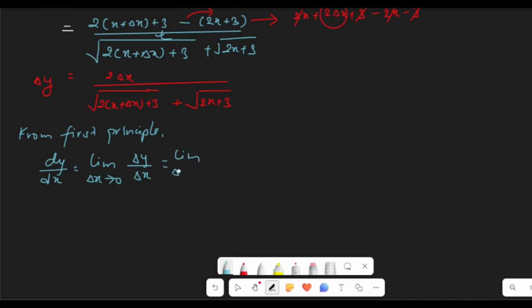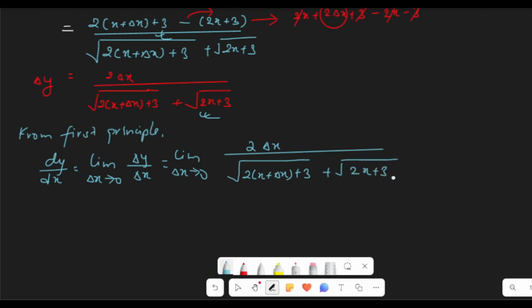So we replace del y by this term, so that becomes 2 del x divided by root 2x plus del x plus 3 plus root 2x plus 3. This is del y.